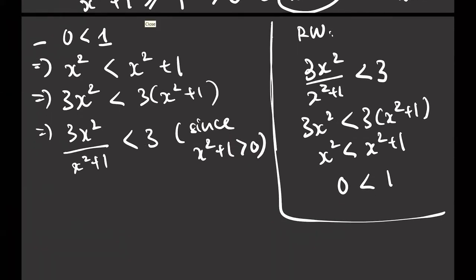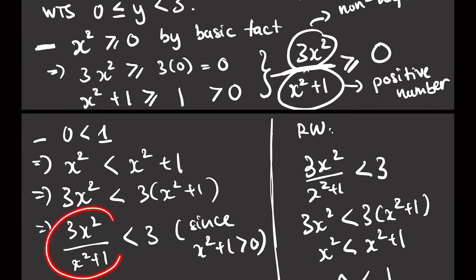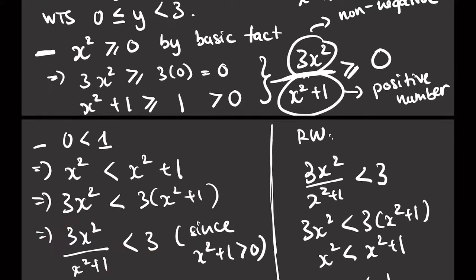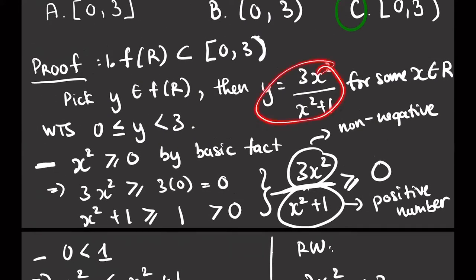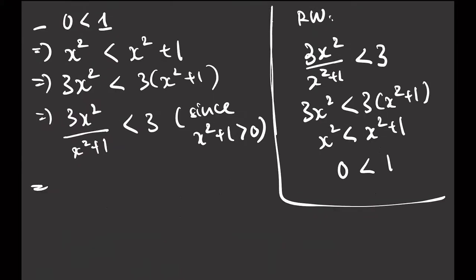Okay? So what I just did is prove f of x is greater than or equal to 0 and is less than 3, and y equals this expression here. So that's why I know 0 is less than or equal to y and y is less than 3.